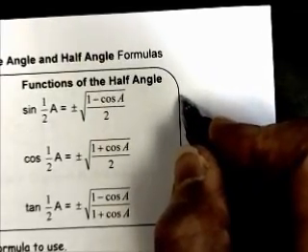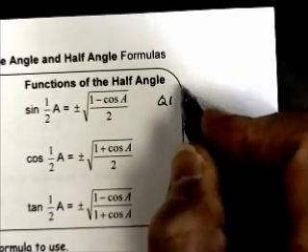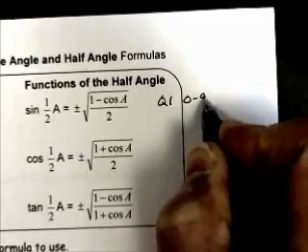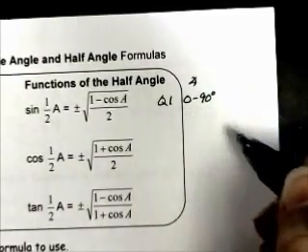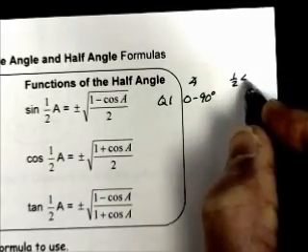We know that if we have an angle in quadrant 1, that angle measures between 0 and 90 degrees. Well, what about half the angle's measure?